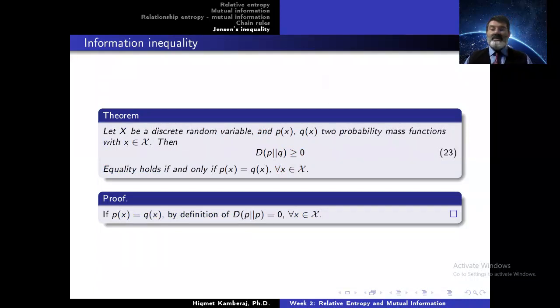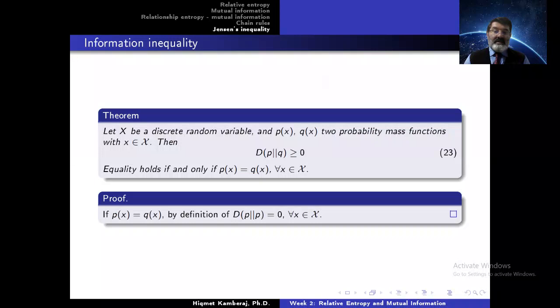Now we can use what we have shown so far to prove some properties of the information. The first one is the information inequality. So let X be a discrete random variable, and p of x, q of x two probability mass functions with x from the alphabet set chi.